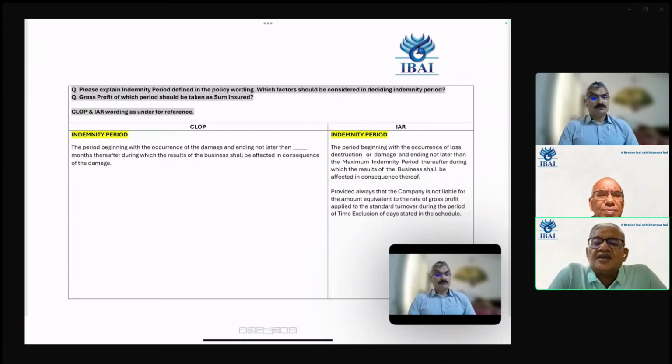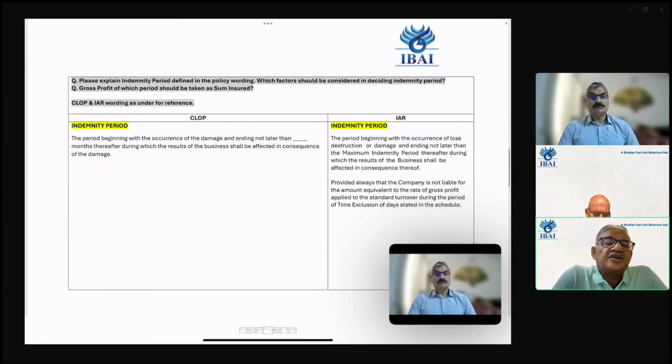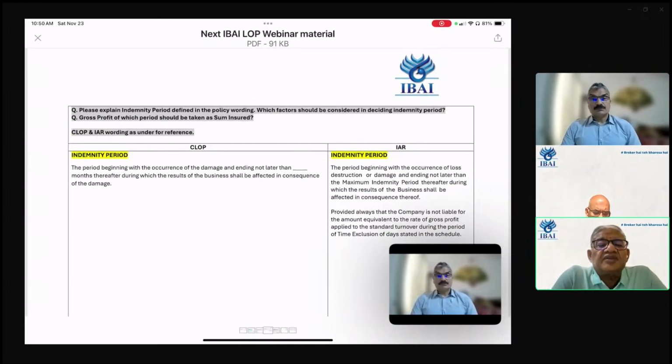Reading it out from the LOP policy, that is, the consequential loss tariff: the period beginning with the occurrence of the damage and ending not later than so many months thereafter, during which the results of the business shall be affected in consequence of the damage. They have defined it as a period.